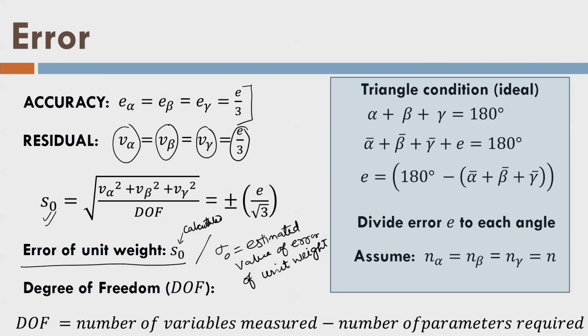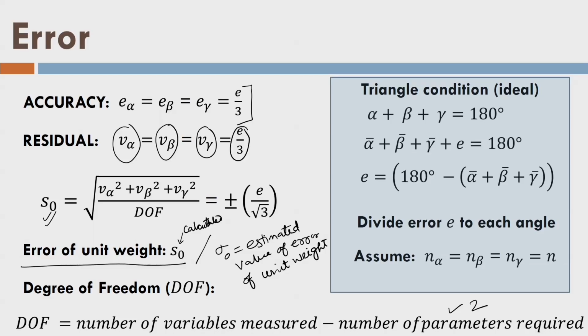Now, what is the degree of freedom? In the case of a triangle, we have one condition equation: alpha plus beta plus gamma equal to 180 degrees. If I observe any two angles, I can find out the third angle automatically using the condition equation. So basically, the number of parameters or unknowns is just equal to 2 because I have one condition equation. Using it, if I have the values of 2, I can find out the third value.